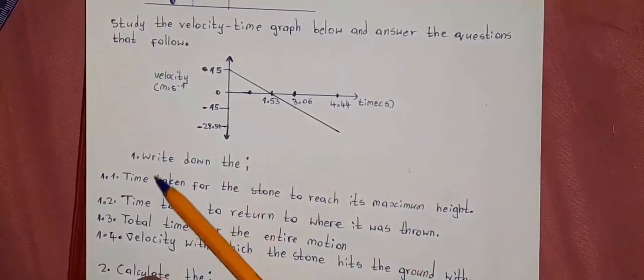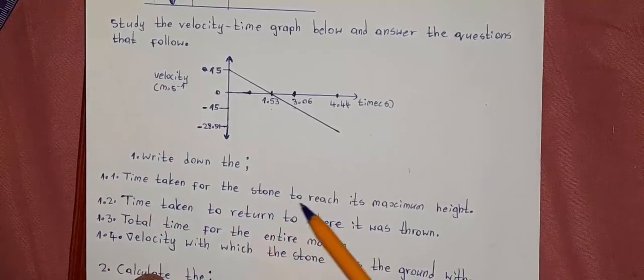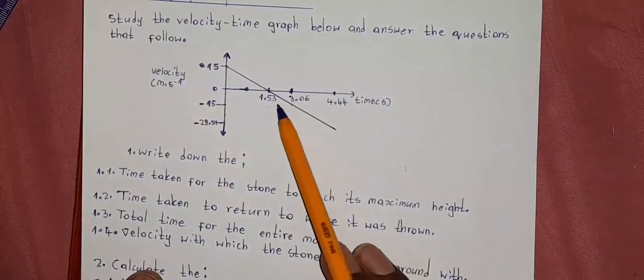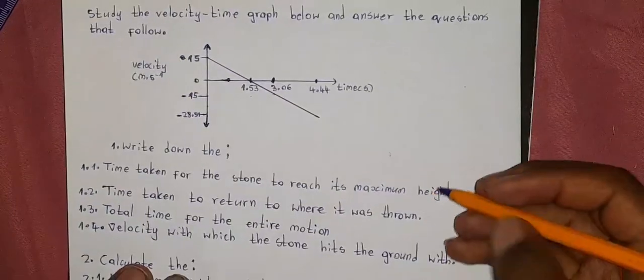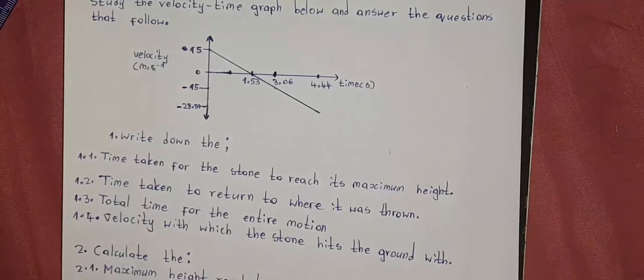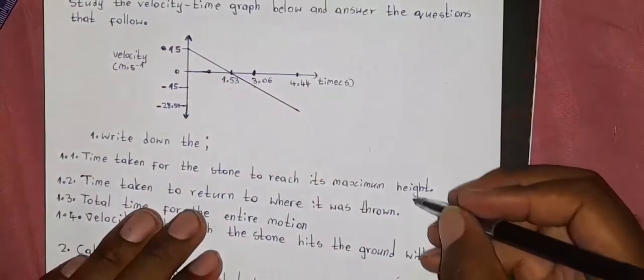So they say write down the time taken for the stone to reach its maximum height. Of course, it's 1.53 seconds. You can write, let me write with a different pen. 1.53 seconds.